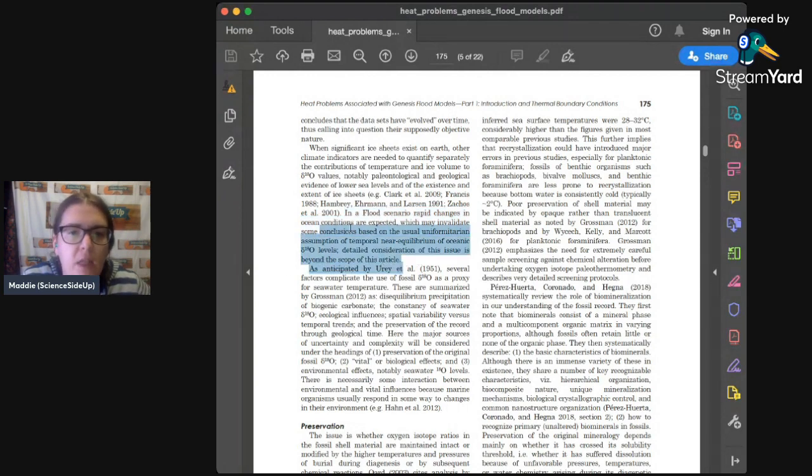Okay, I would love to understand. So, right, in general, we don't have a good reason to think that those oxygen 18 levels are going to vary much on short periods of time is what that's saying.